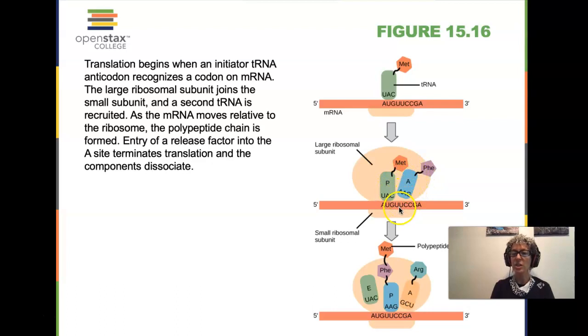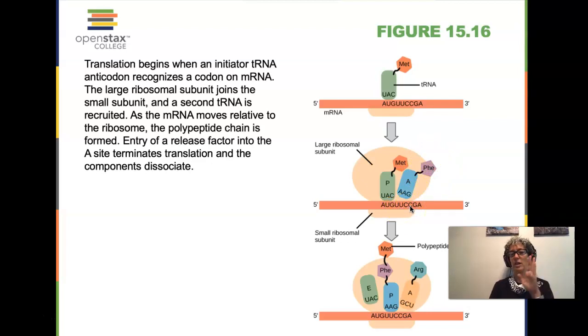So the next codon is UUC. That directs the tRNA with the anticodon AAG to hydrogen bond. Because it's carrying this anticodon, it is carrying the amino acid specified by the codon.